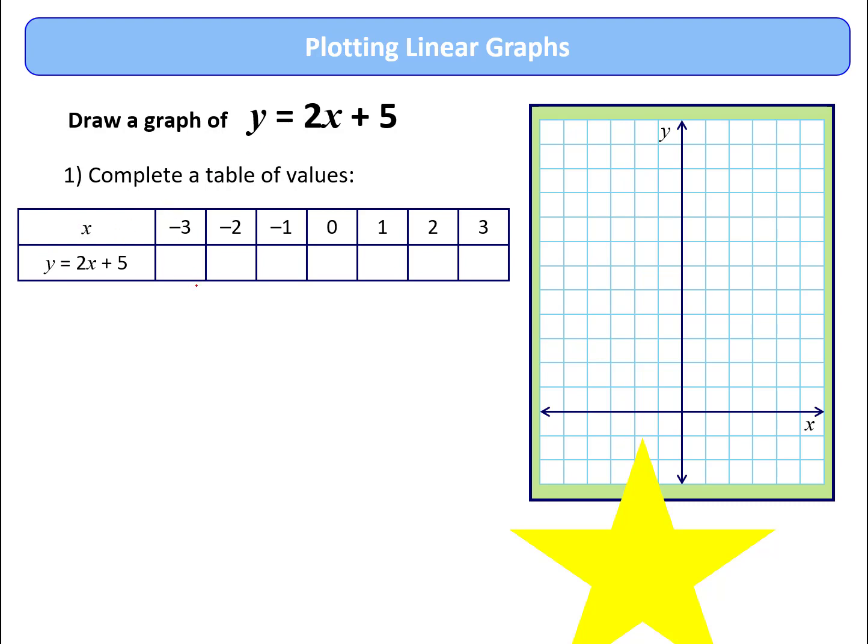So here's your table. So this is your y value, this is the graph, and this is why the substitution comes into fruition. Right, so I always start with the 0. So when x equals 0, y is going to equal, substitute the 0 for the x, that's 2 times 0 plus 5. 2 times 0 is 0, so y equals 5 here.